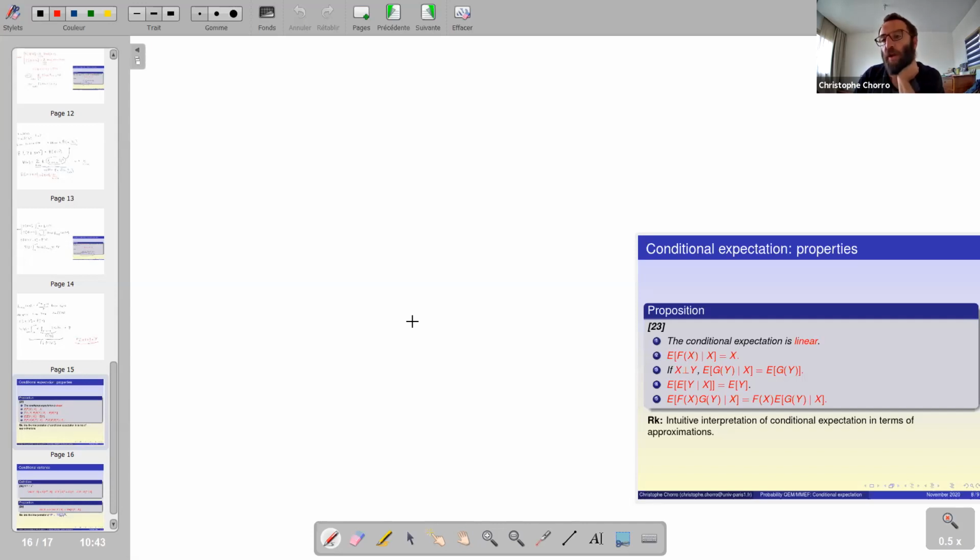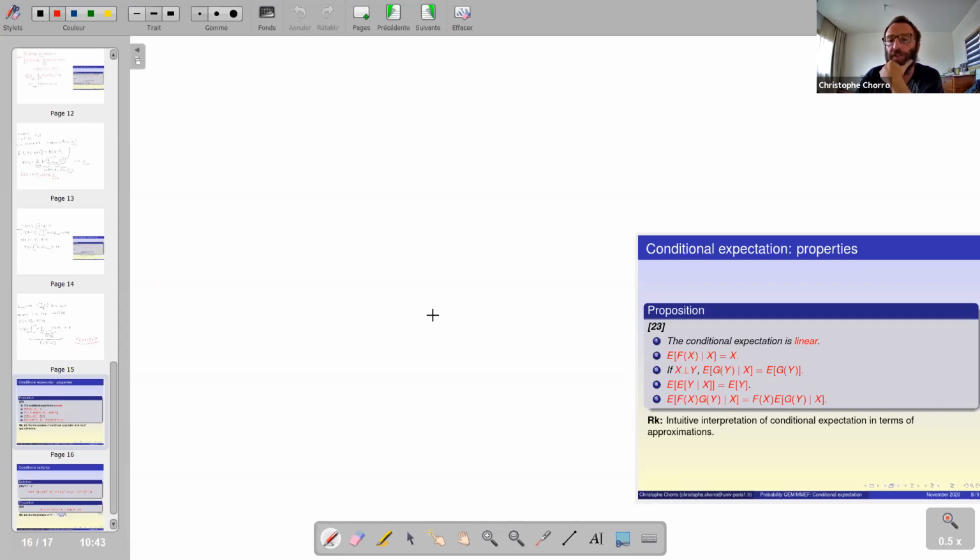For the expectation, we have properties. We have seen that the expectation is linear. We have seen that the expectation of a product is equal to the product of the expectations if we have independence or something like this. In the case of conditional expectation, we are also going to have nice properties that come from the definition. There are 5 statements that you have to know.